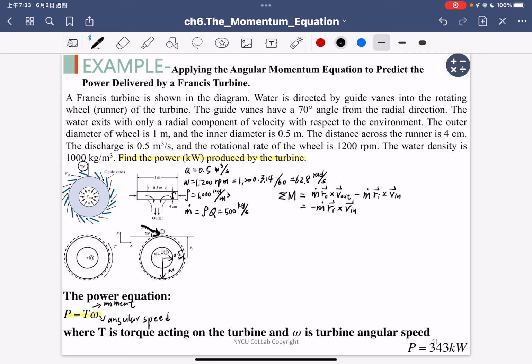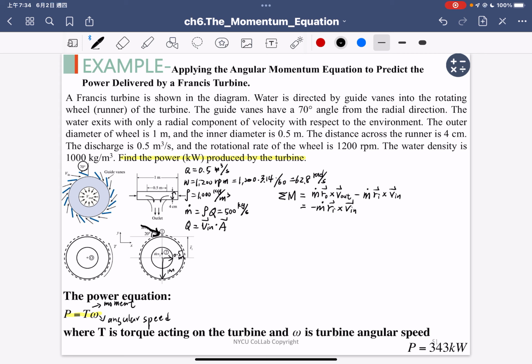And then we know that the discharge Q is equal to the velocity in vector dot product with the area vector, right?